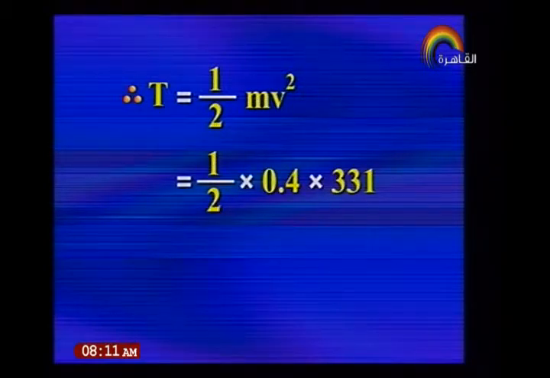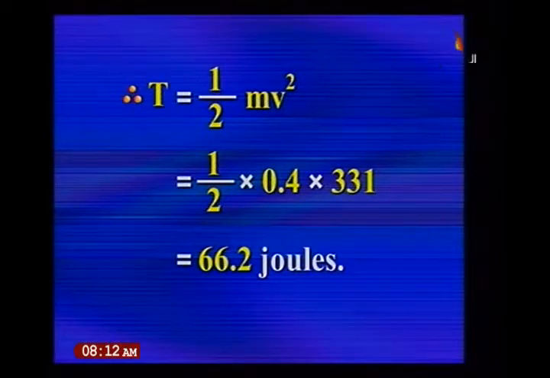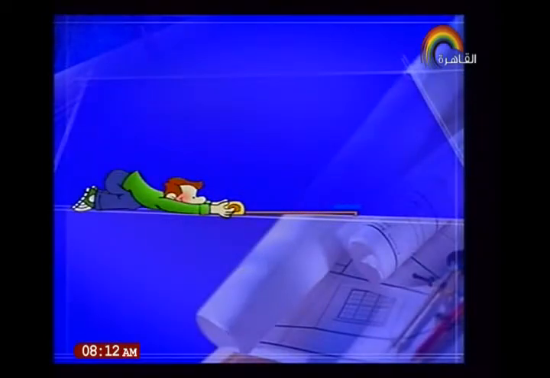Then the kinetic energy T equals half mv squared, half times m 0.4 times v squared 331, then T equals 66.2 joule. Another example.